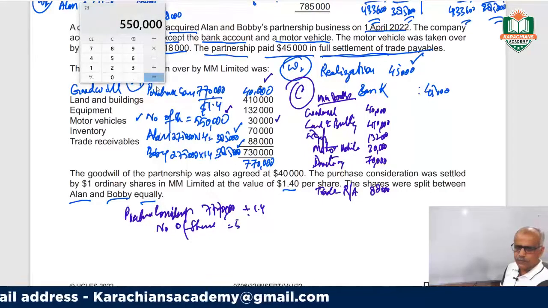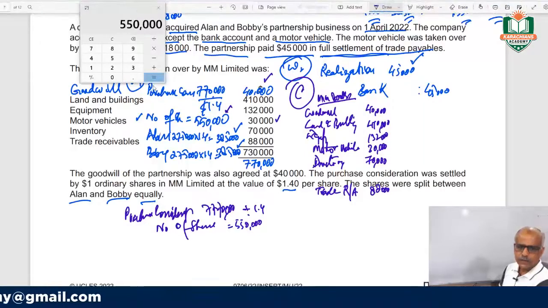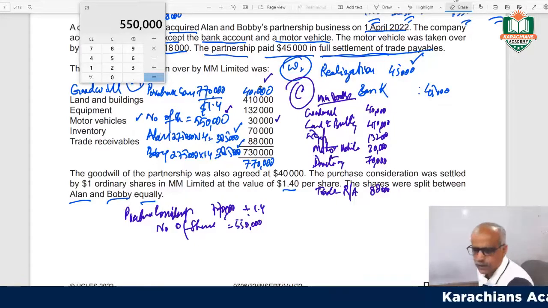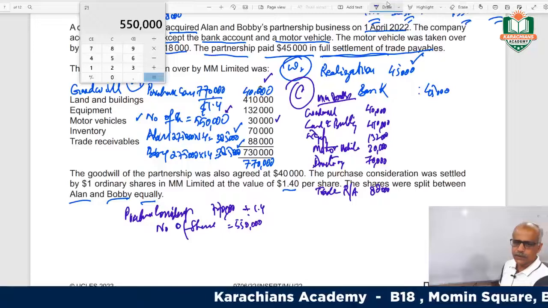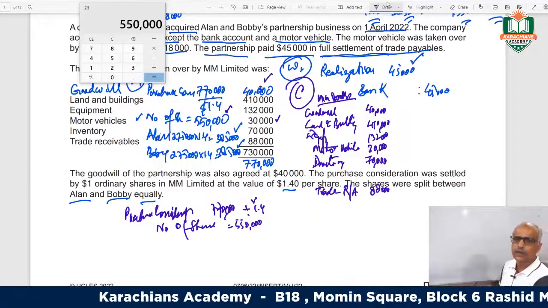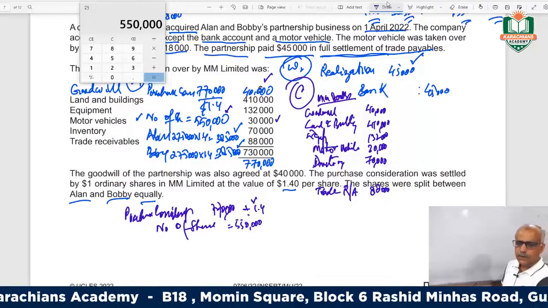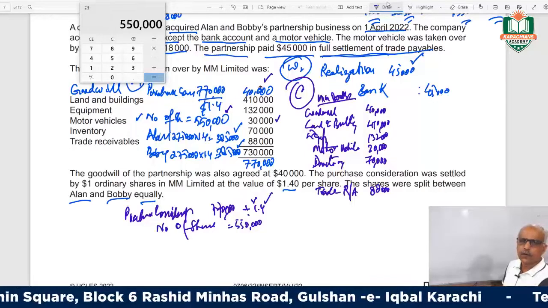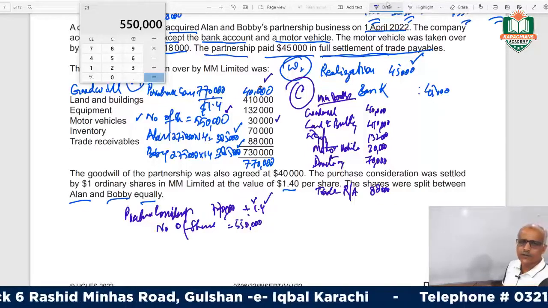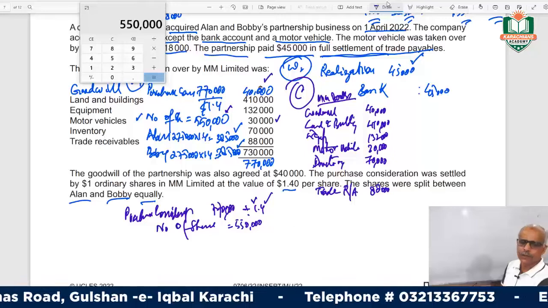The number of shares is 550,000. Rupee 1 is the face value of the share, and 0.4, or 40 cents, is the premium.